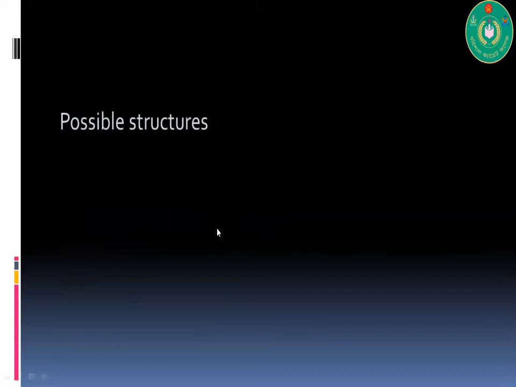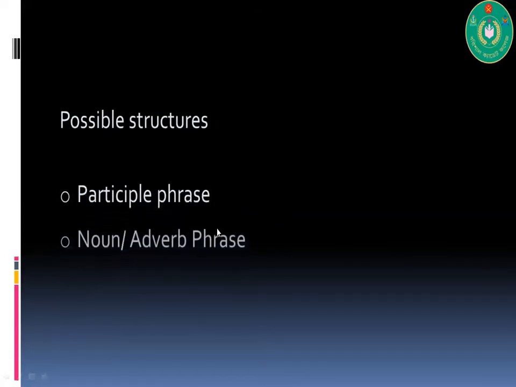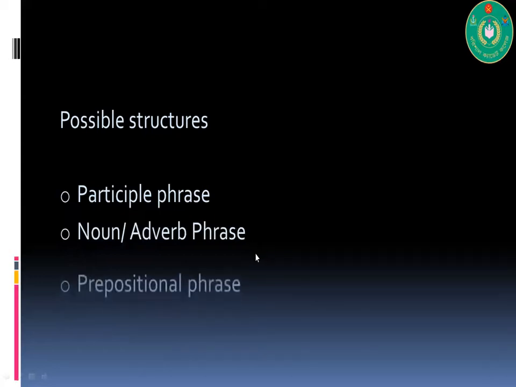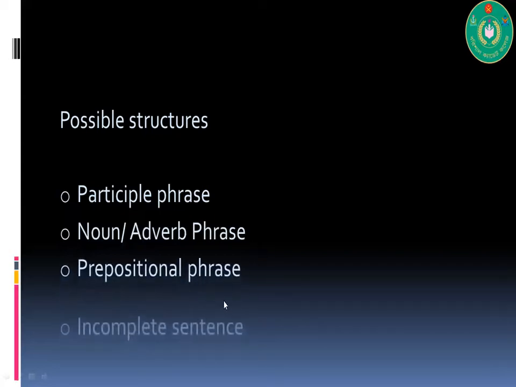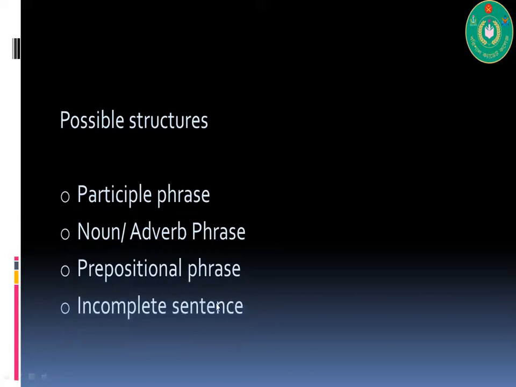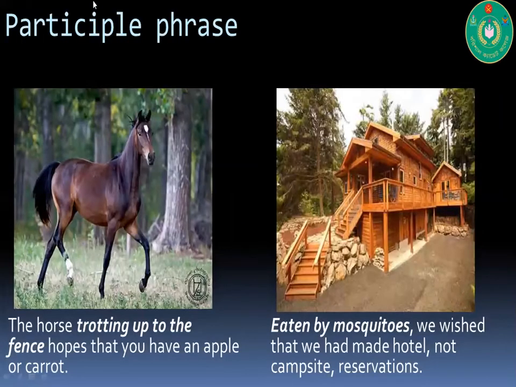Now, possible structures: participle phrase, noun phrase, adverb phrase, prepositional phrase, or any other type of phrase, and then incomplete sentence. Participle phrase. You know, a participle is verb plus -ing functioning as an adjective. The horse trotting up to the fence hopes that you have an apple or carrot.